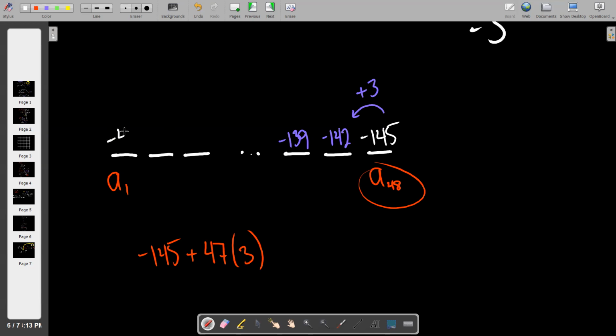Now what we've done is we've officially cracked the code. I know everything about you now, you stupid sequence. I know your a sub 1 is -4 because I went big brain and found it. And I know your D is -3. I can now piece those two things together to write my formulas.